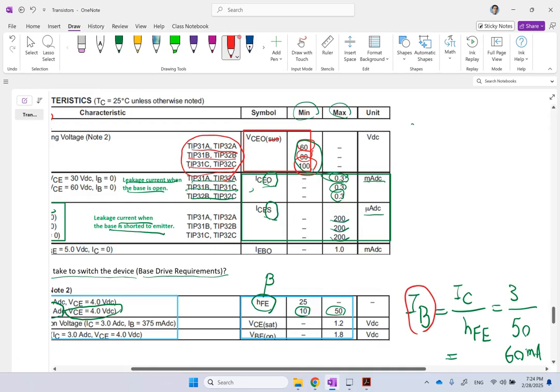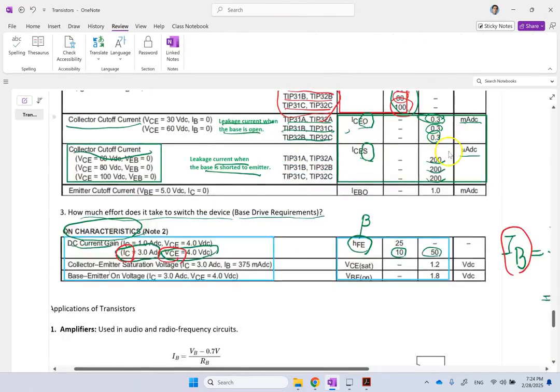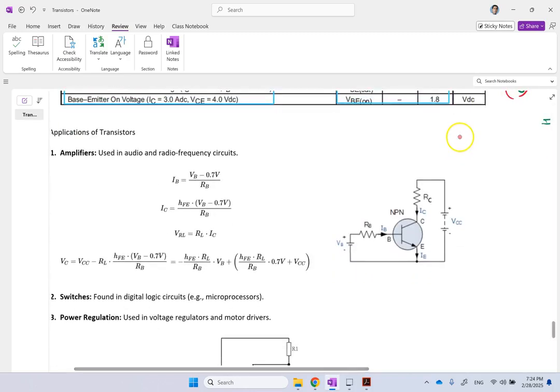And now since you have the voltage VCE in this case, and you have IC, you can also determine the resistor that you need in the collector path. Okay, so if you want to determine these, you should be able to do that if you know VCC and VB. So now you have the voltage from here to here, you have the current through here, and you have the current through here.